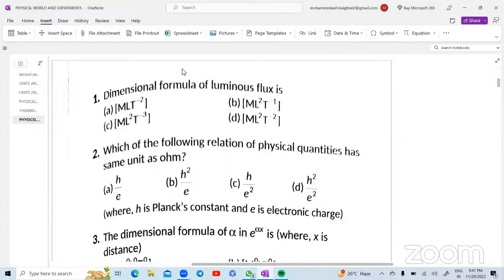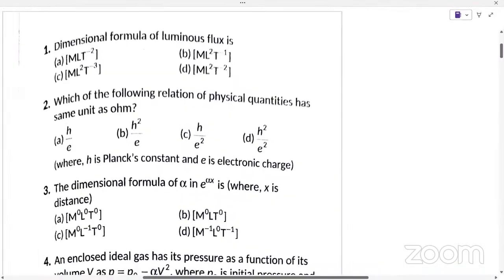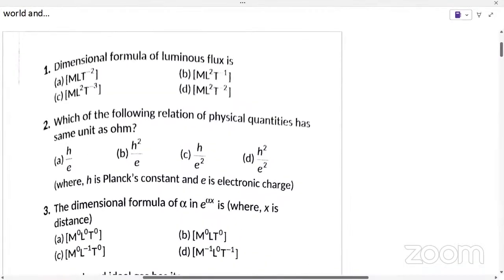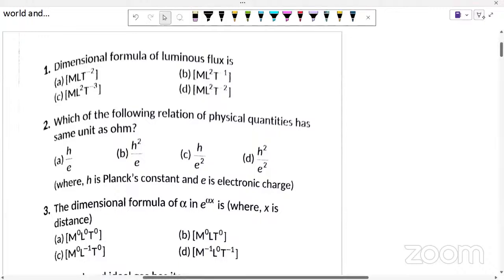Okay, sure. So the first question: dimensional formula for luminous flux. Dimensional formula for your luminous flux. You can give me the answers in your chat box, beta. First one.